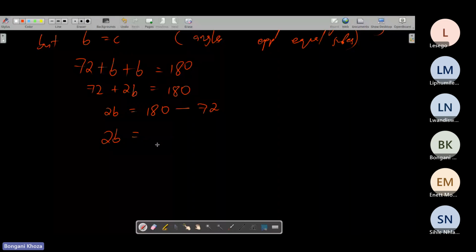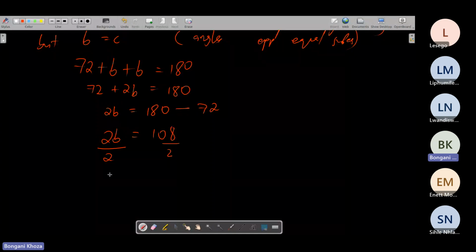108. All right, and then we divide by 2 on both sides. What do we get? 54. So our B value is equal to 54.